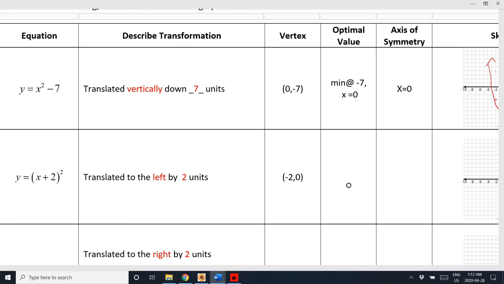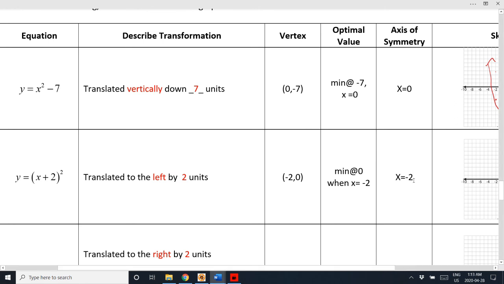Still going to be a minimum because the a value in front is just 1. And it's going to be 0 when x is equal to -2. And the axis of symmetry, of course, is going to be x is equal to -2.